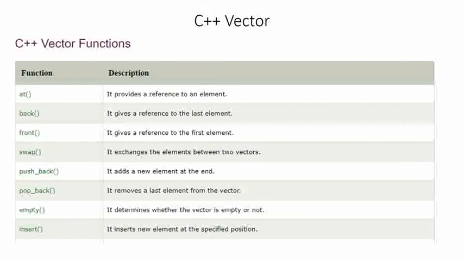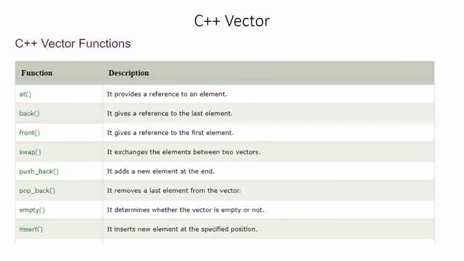Back gives the reference to the last element. Front gives the reference of the first element. And when we have to exchange the elements between two vectors, we use swap as a vector function.